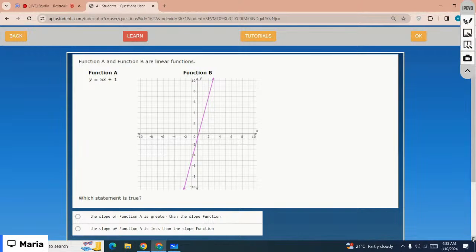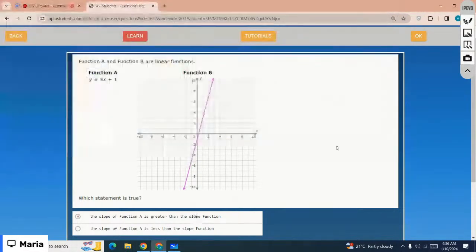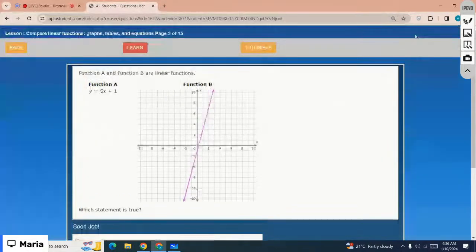Which is the correct option? The slope of function A is 5, right? And the slope of function B is 3. So the slope of function A is greater than slope of function B. Option A is the correct one.